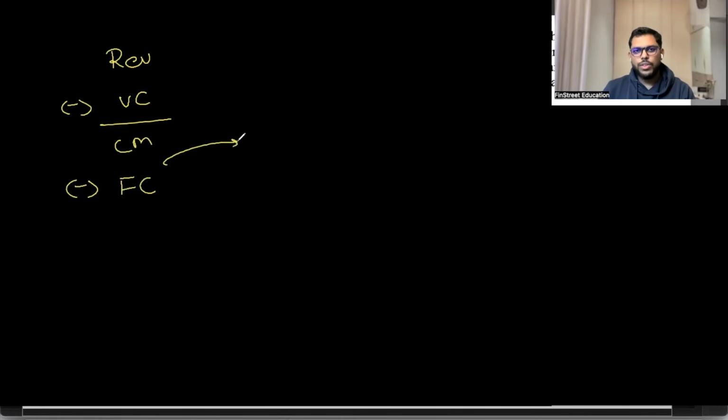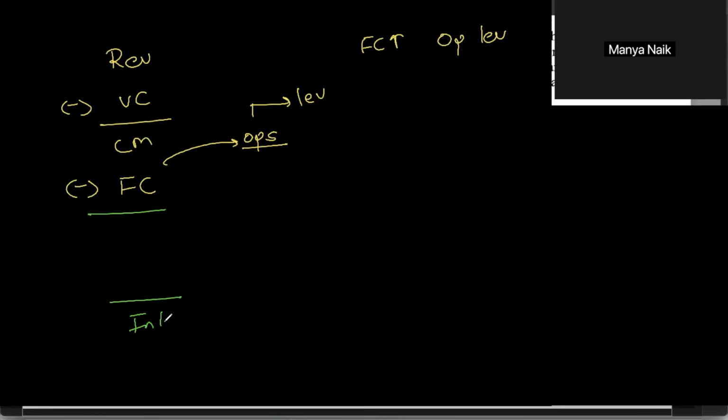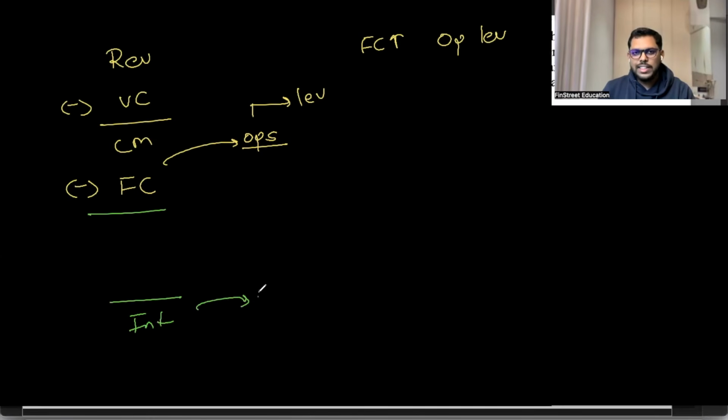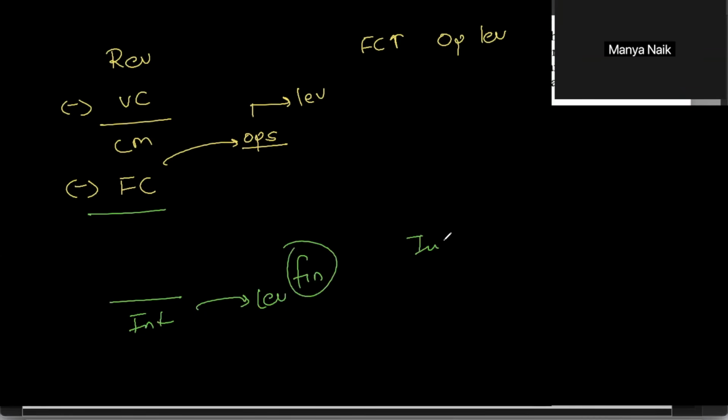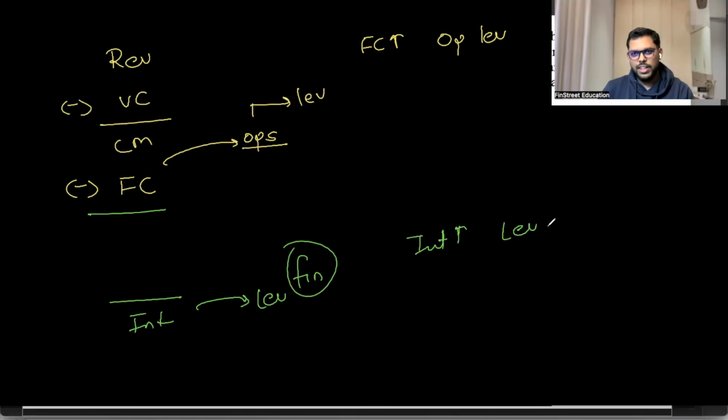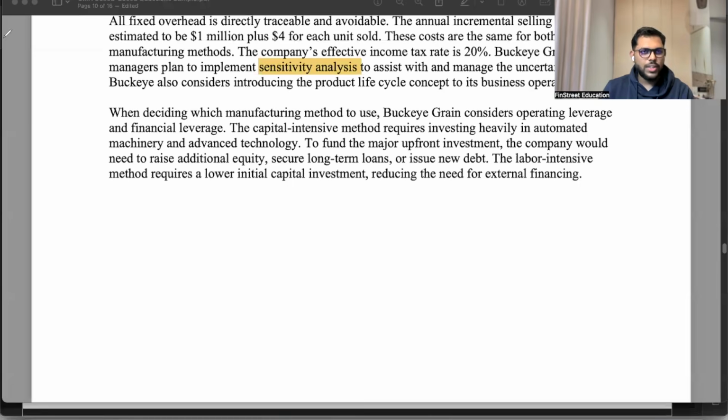Whenever you have fixed cost from operations, you have leverage effect. ठीक है, higher the fixed cost, higher the operating leverage. Similarly, when we go ahead, interest is fixed in nature. So this also brings in leverage, but what kind of leverage? Financial leverage. Correct. Higher the interest, higher would be the leverage. Good, you guys are studying.